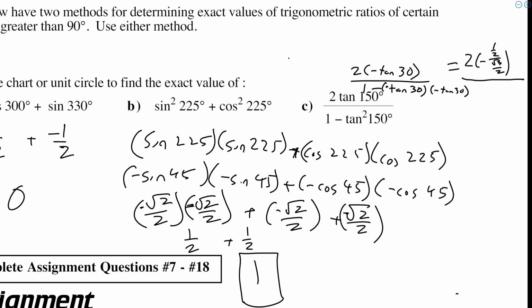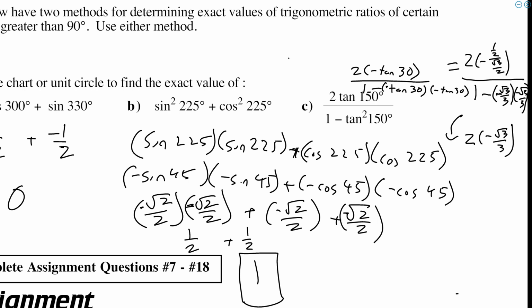And this bottom ends up being 1 minus exactly this times itself: negative root 3 over 3 times negative root 3 over 3. So when I rewrite all of this, I have 2 times negative root 3 over 3.